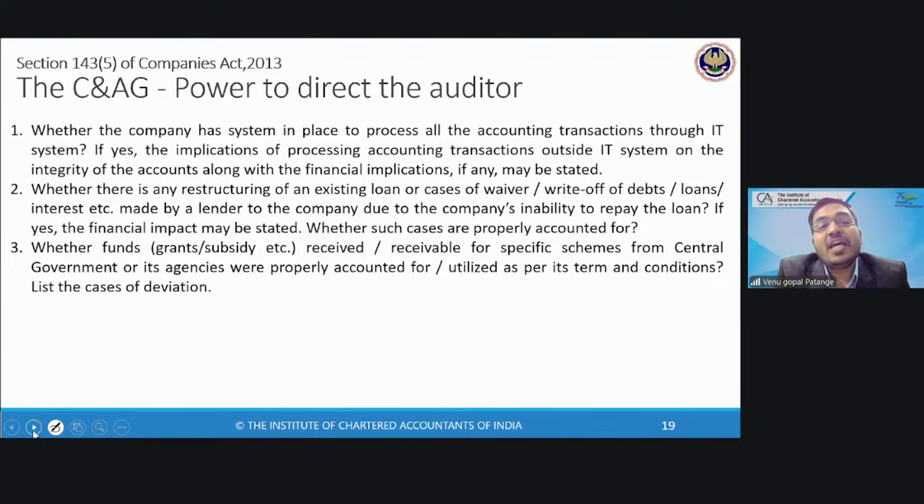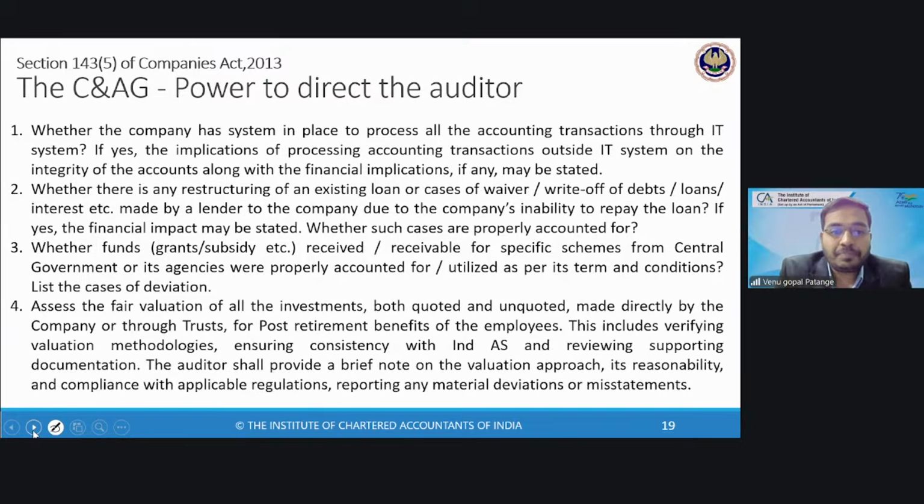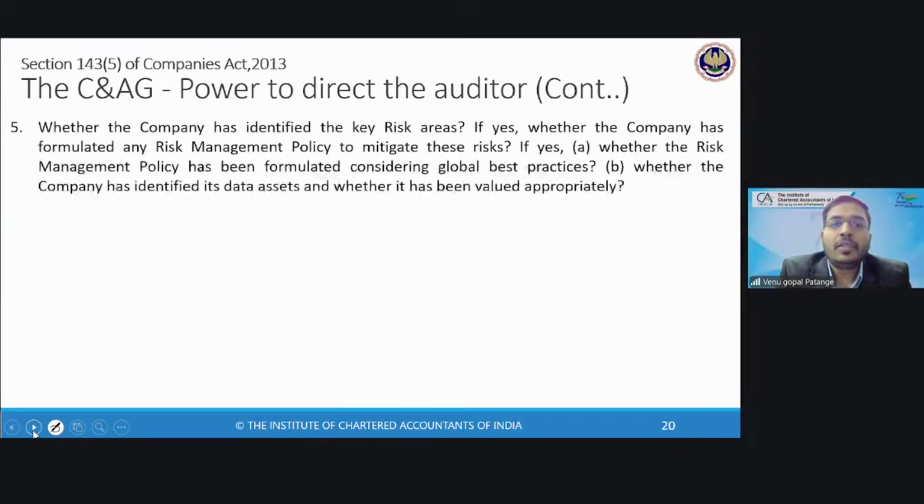This is the responsibility imposed by C&AG on the CA firms who are auditing corporate PSUs, public corporates, entities like NMDC, NTPC, Coal India, etc. If you have any investments, quoted or unquoted, whether they have been valued as per Ind AS or not, that also you need to check and report. Next, whether key risk areas have been formulated or not, that also you need to check and report.